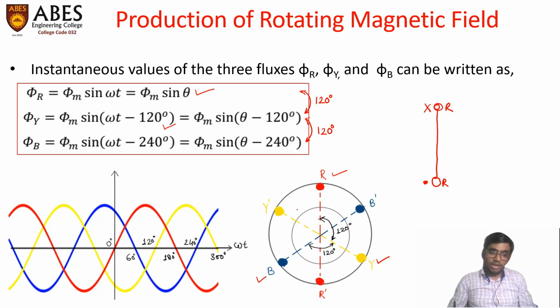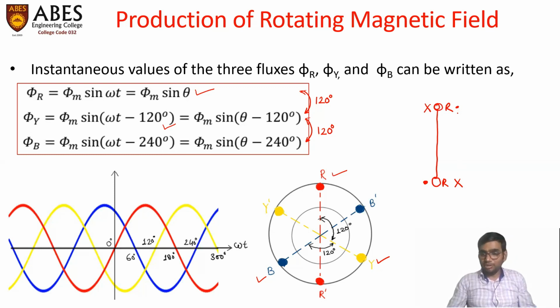But for the negative half cycle, the direction of current will reverse. So for the negative half cycle, current will enter through the lower coil side and will be outward from the upper coil side.